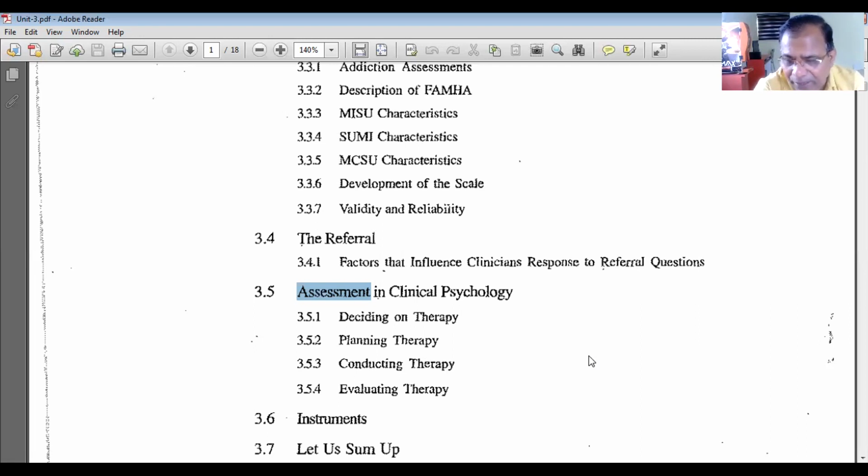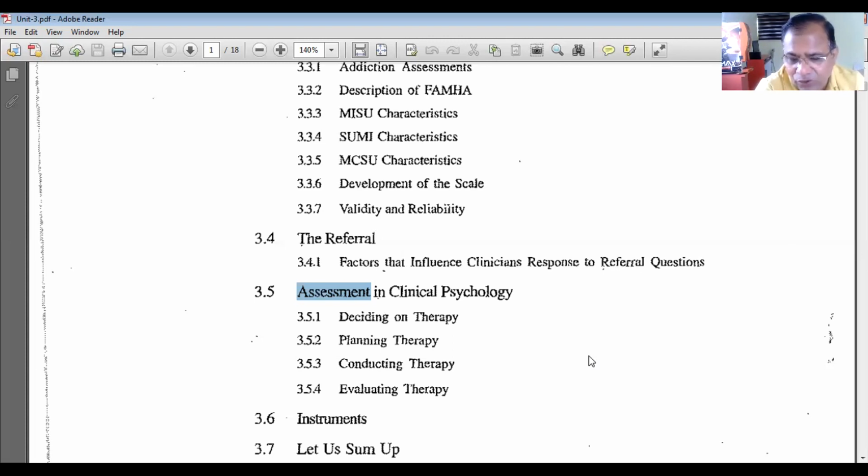Now, after combining the observation of the interview and the test result, the process of assessment is over. Then we evaluate. The psychologist is evaluating the client: what kind of disease he has, what can be the possible treatment.